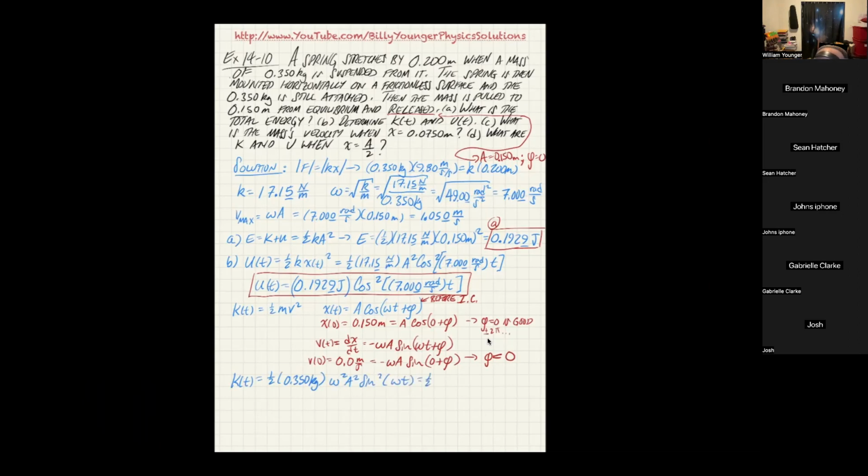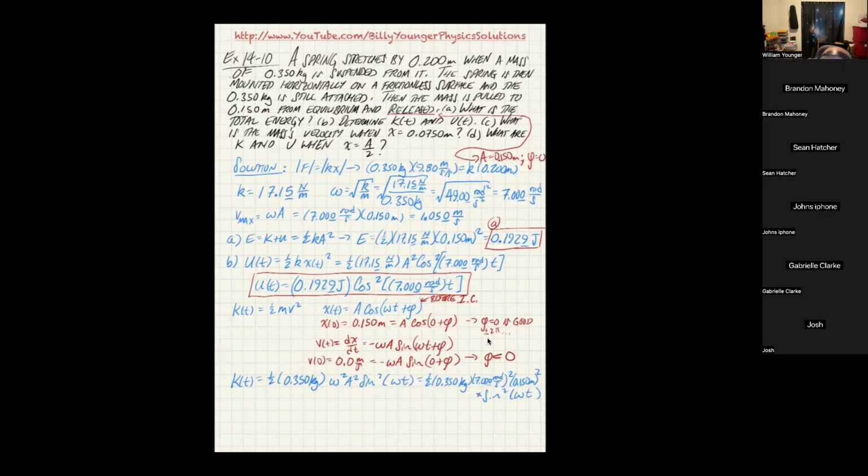We get 1/2 of 0.350 kilograms times 7.000 radians per second squared times 0.150 meters squared times the sine squared of omega t.